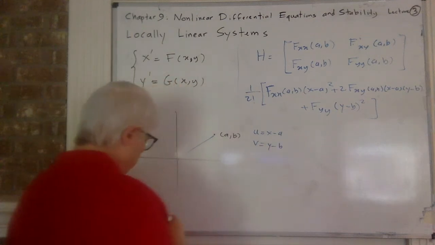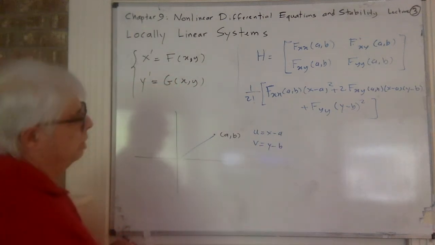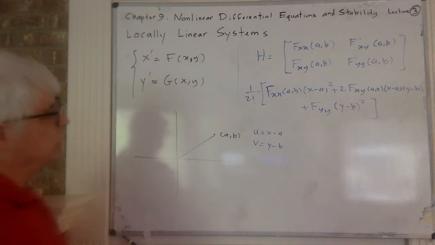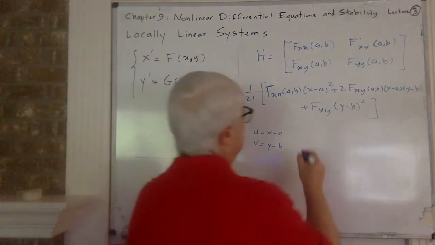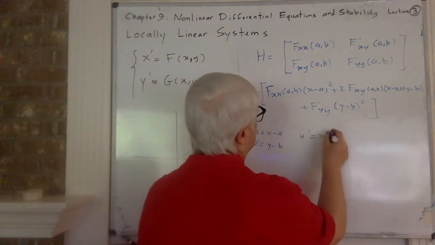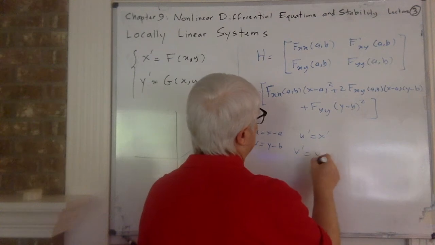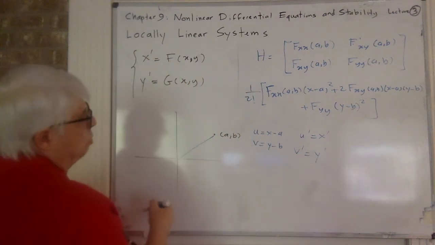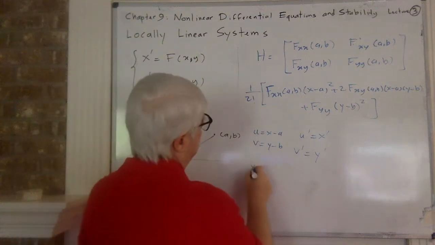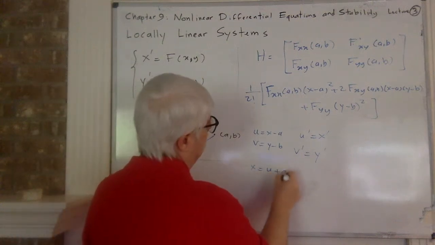So if I set u to be x minus a, v to be y minus b, then both u and v are functions of time, and I have u prime is x prime and v prime is y prime. So x will be u plus a and y will be v plus b.